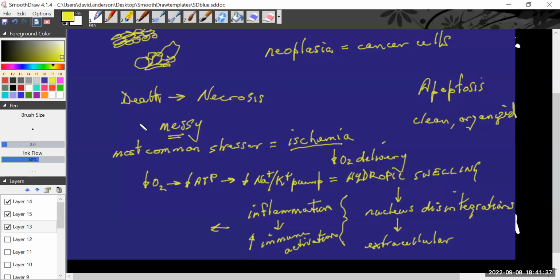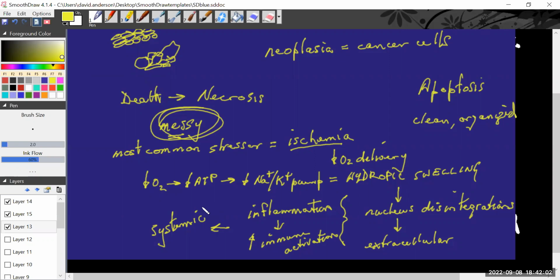So that's where it gets messy. It really means that an isolated area that wasn't getting enough oxygen is going to give us a system-wide response. The inflammatory response is going to initiate an immune response, which we know generally becomes a systemic response. So it's a real mess.